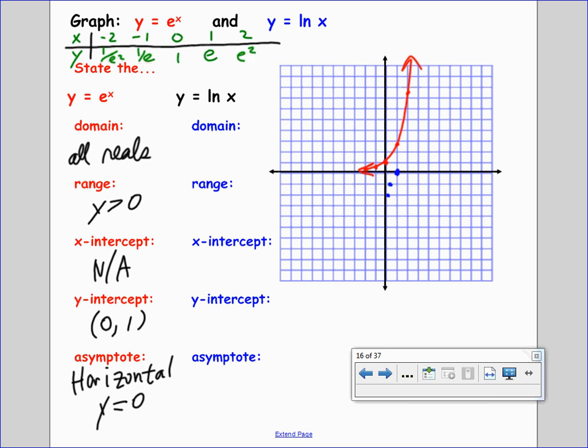E is about 2.7. So 2.718, 1. And e squared was about 7.3, so 7.3, 2. All right, you guys, let's carefully connect those and get our logarithmic function.